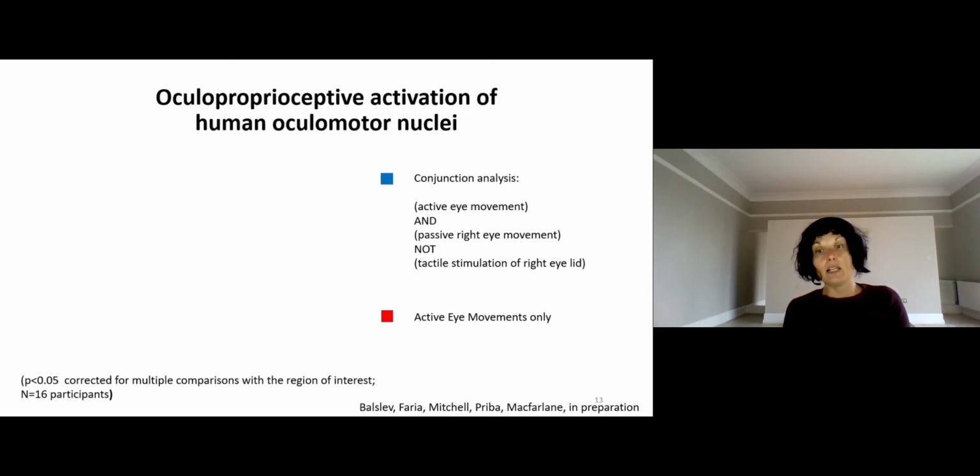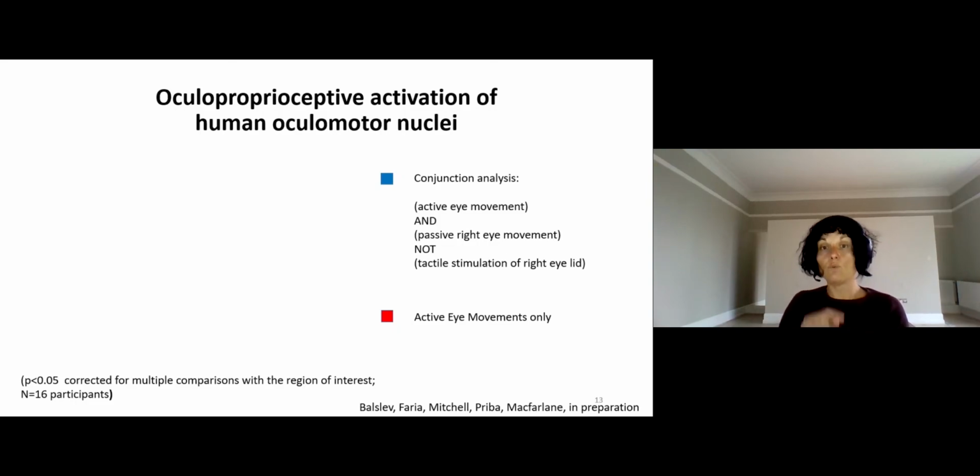So the data analysis was the same as for the previous study, and we focused on the brainstem oculomotor nuclei. Before I show you results, I would like you to think about what you might expect to see if a stretch reflex exists in the extraocular muscles.